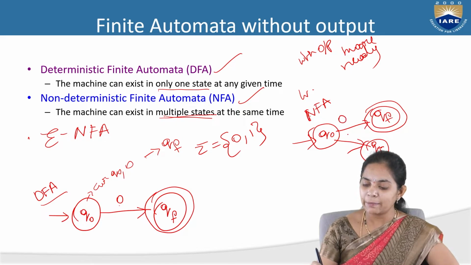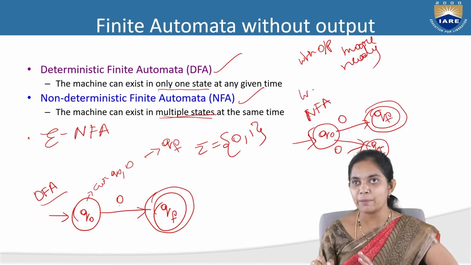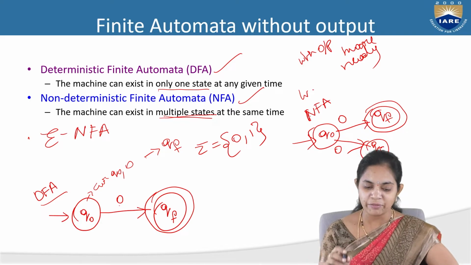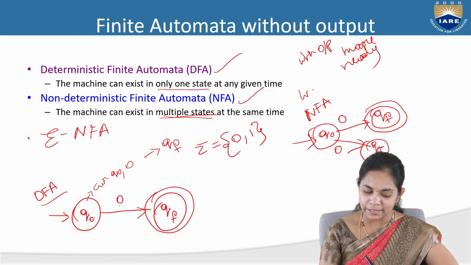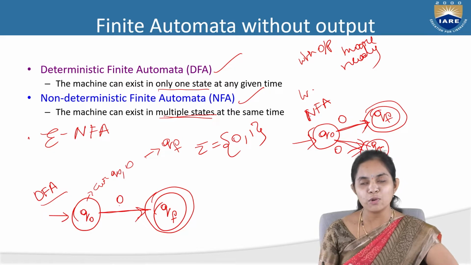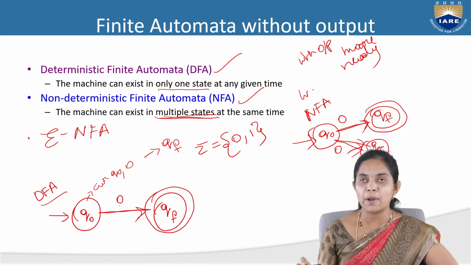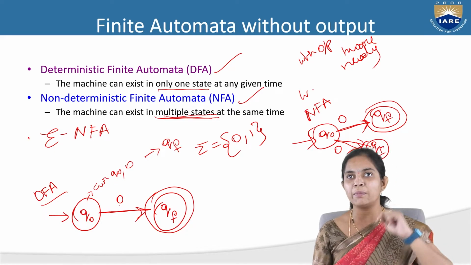So for the same input symbol, we are having two states. That is the main difference between the DFA and NFA. The DFA leads to only one state, and the NFA leads to two or more states, multiple states. So this is the main difference.